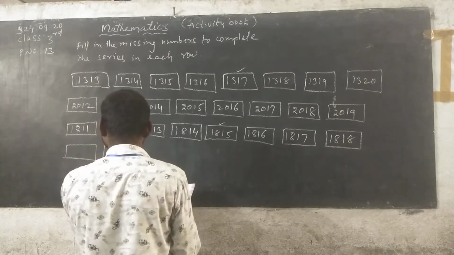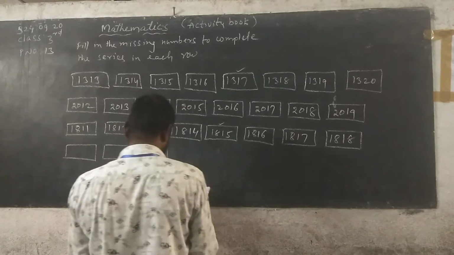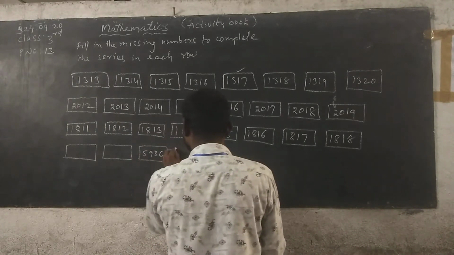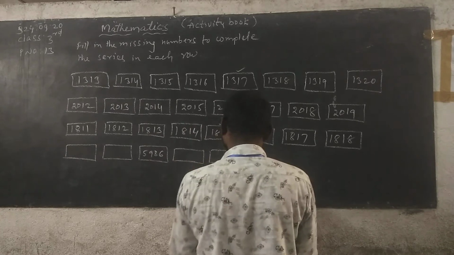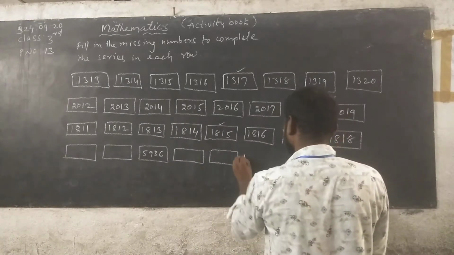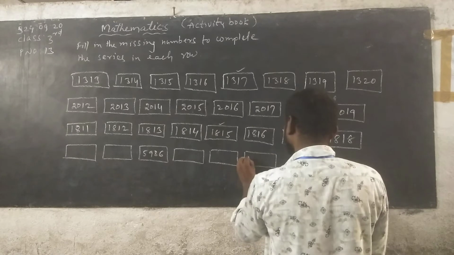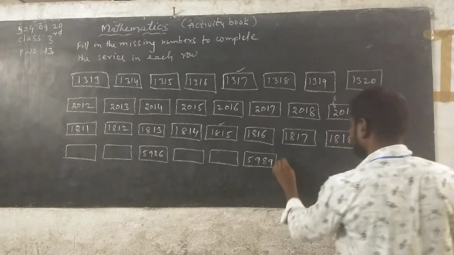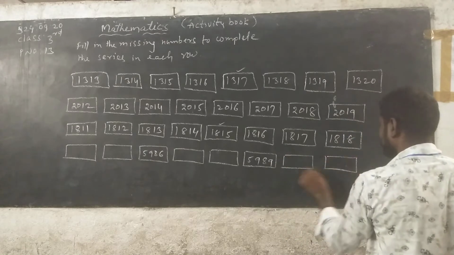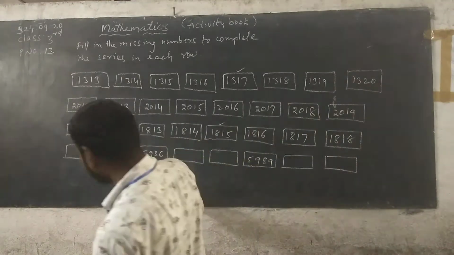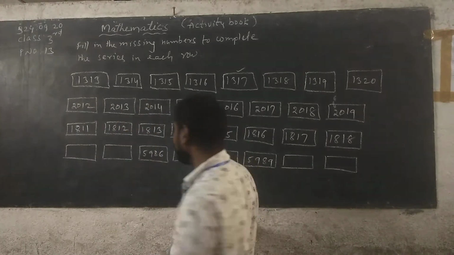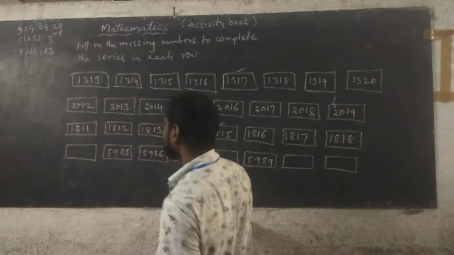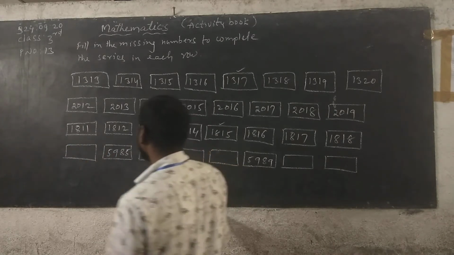Dash, dash, here 5986, dash, dash, 5989, dash, dash. See here, 5986 before 5985, next before 5984.